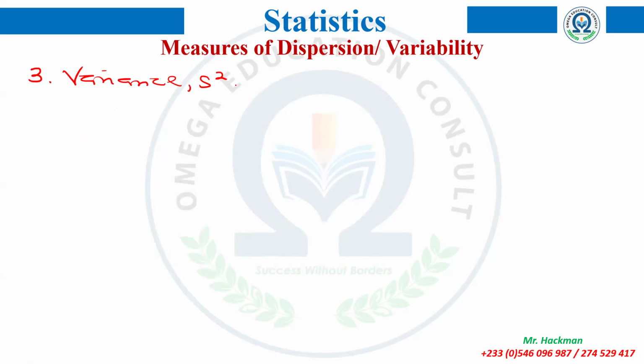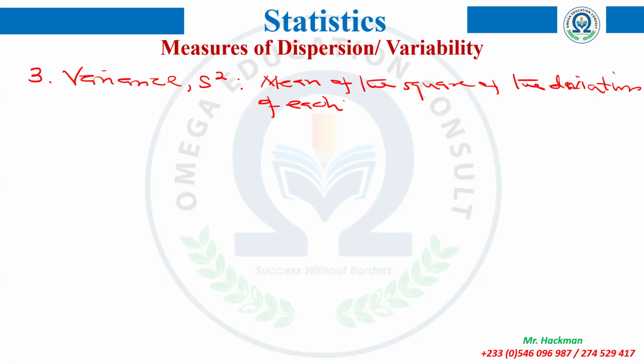So we'll say that the variance will be, in terms of definition, the mean of the squares of the deviations of each observation from the true mean. This you have in your various textbooks, so please take note.